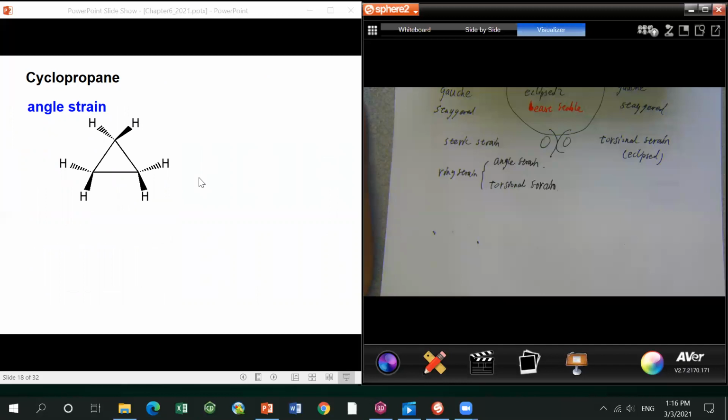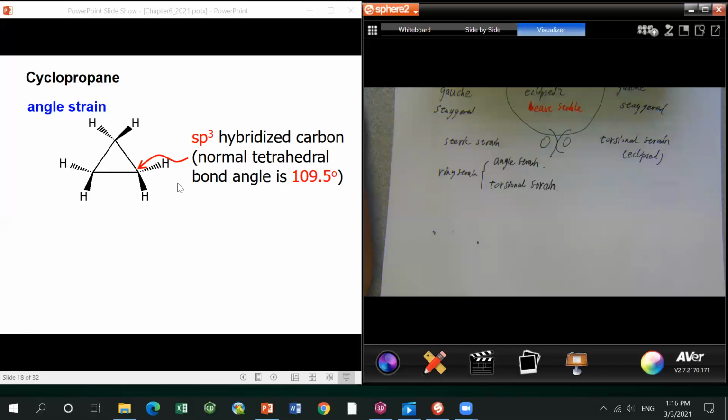Cyclopropane has only 3 carbons, and this guy has very strong, huge angle strain because this is a triangle. We know the bond angle should be 60 degrees, which is far away from 109.5. This carbon is supposed to be tetrahedral, but you force it into only 60 degrees.